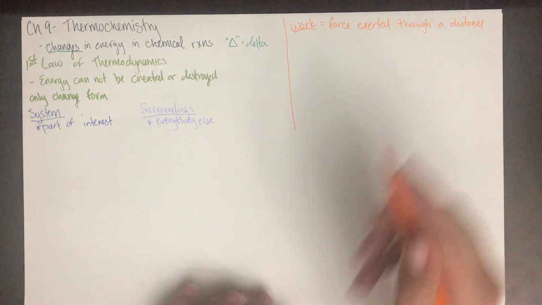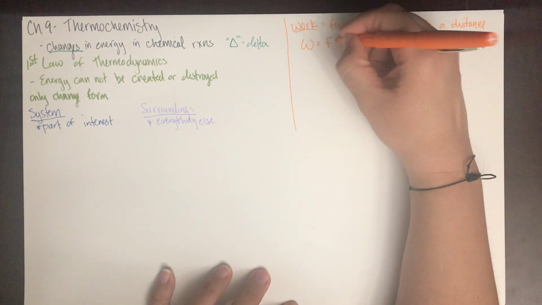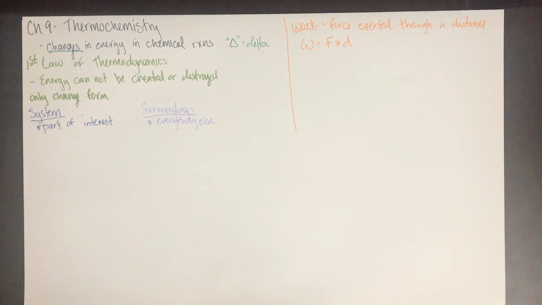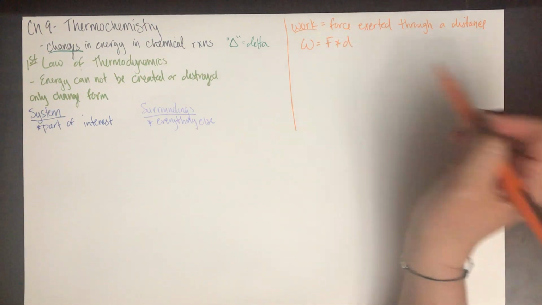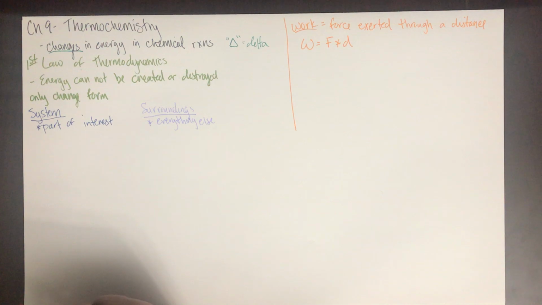And the formula for that is work equals force times distance. There are some examples that you might see in your SmartWorks homework where it asks you to calculate the work using force and distance.